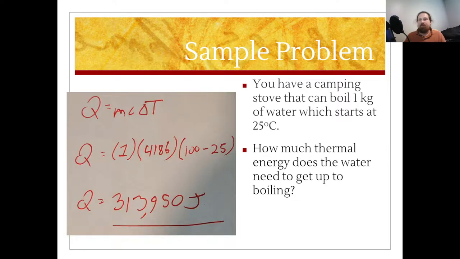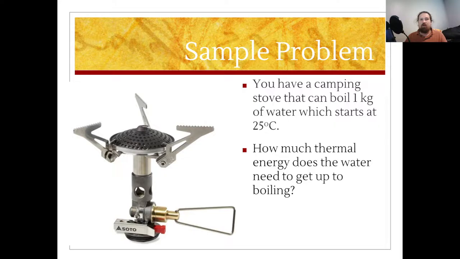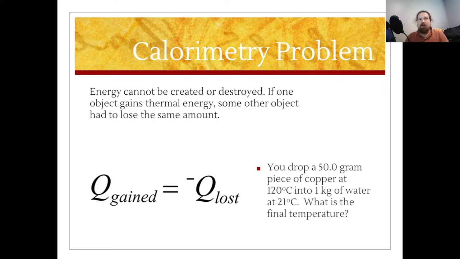For example, in the case of the burner here, the water is gaining thermal energy, and it gets the thermal energy from the camper stove losing thermal energy. Anytime one thing heats up, a second thing has to cool down.